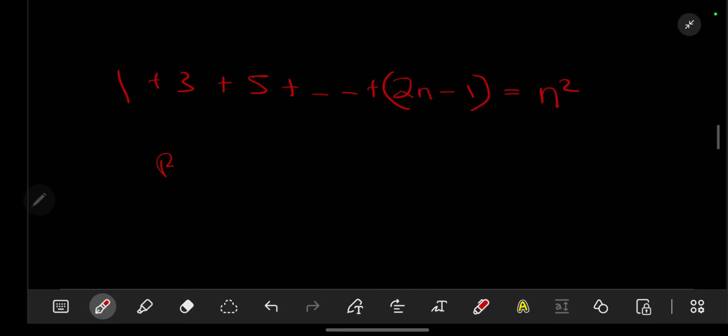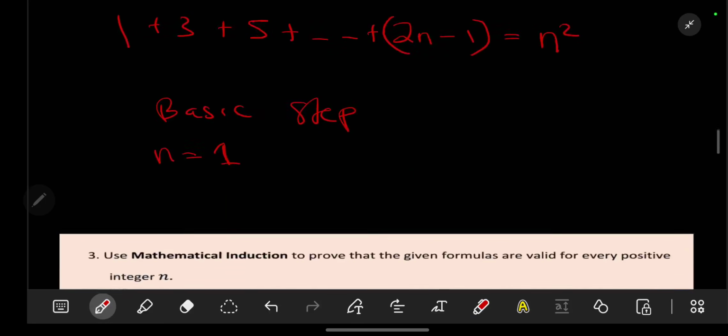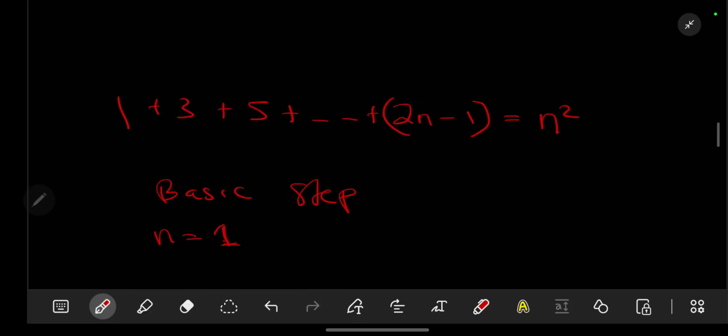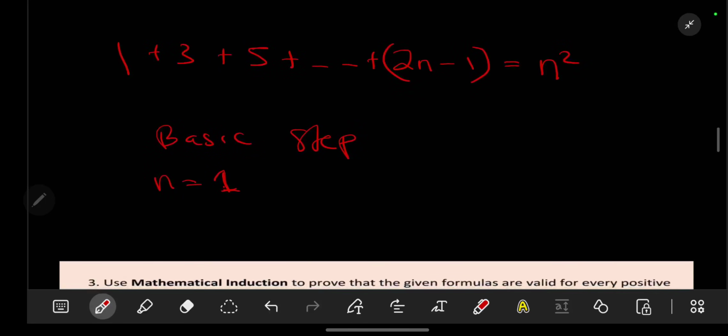So the basic step, you are going to let your n be equal to 1, where 1 would be more like your first term. If you put 1 where n is, n squared will be equal to 1 squared, which will be equal to 1, which is the term that is here.